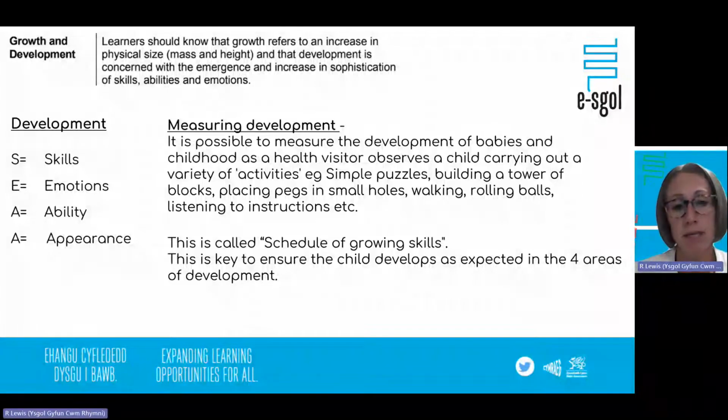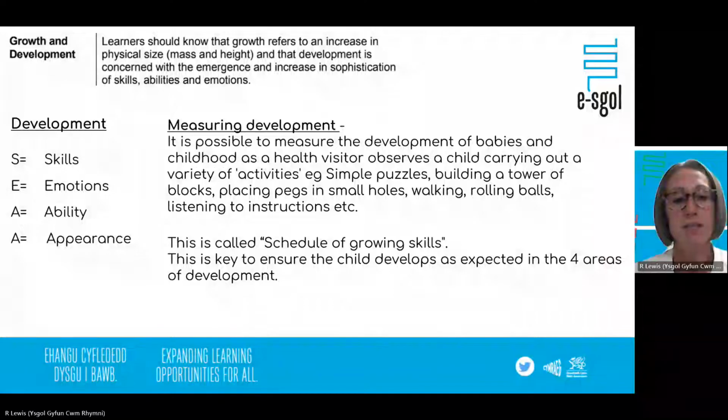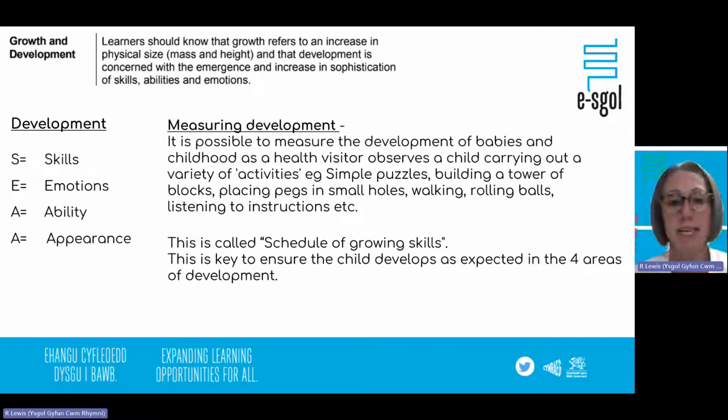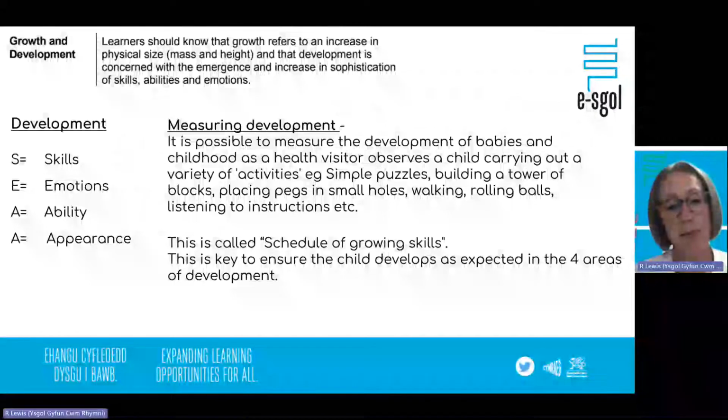Simple tasks like puzzles, building towers of blocks, placing pegs in small holes, walking, rolling balls along the floor, and so forth are very good ways of being able to measure somebody's growth and development. We call this the scale, the professional term for this activity.